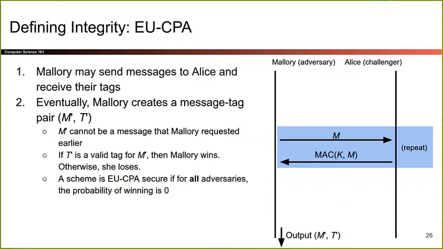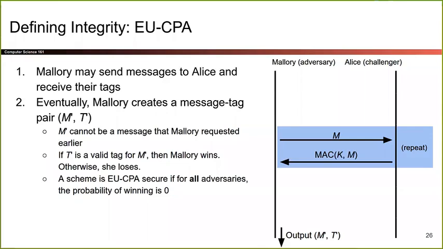So if a scheme is CPA secure, then no matter what Mallory tries, she can do something that has been defined. She can invent her own attacks. But if she cannot win with any probability, so today the probability of winning has to be 0 or negligible, then the scheme is EU-CPA secure, existentially unforgeable. The reason the probability of winning in this game is 0 is because we're not guessing between two things.